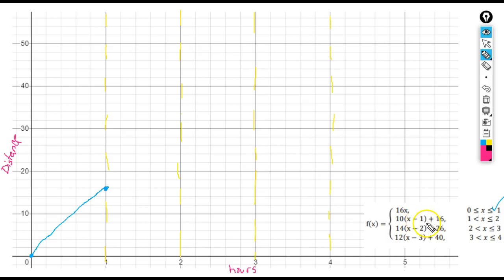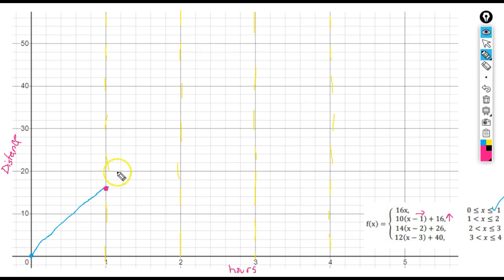So this one does not start at 0, 0. Remember, point slope form. This one has shifted to the right 1 and up 16. So instead of being at 0, 0, I go right 1 and up 16. Notice that this one starts where the other one ended. That means it's continuous. There's no gap. That's always really nice.